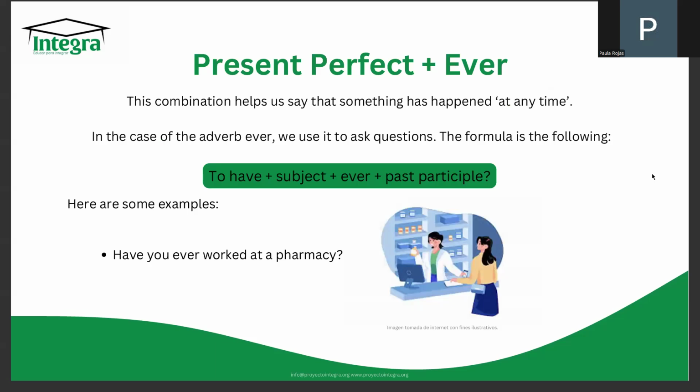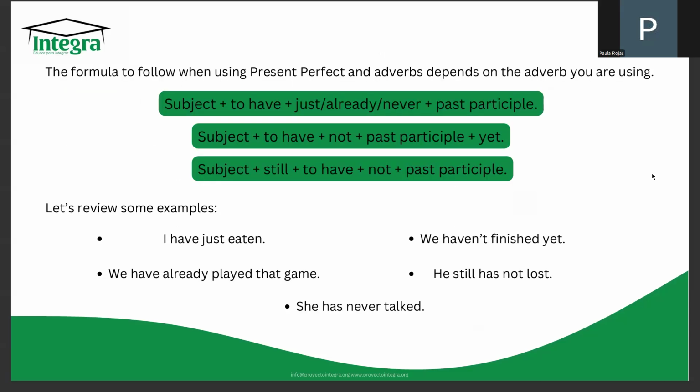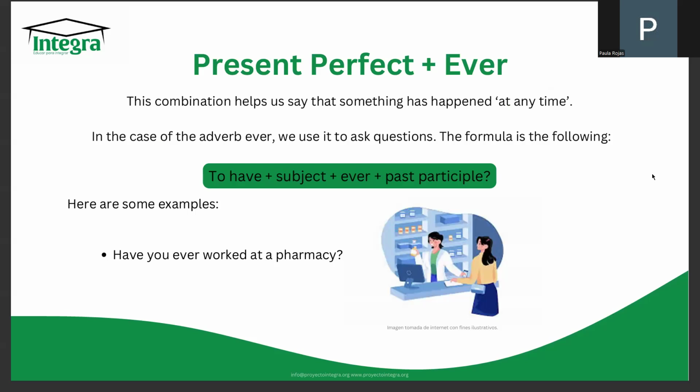Okay, now there's one more adverb that I mentioned here, if you can see, that is not in this. So we're gonna see this a little bit more than the other ones. We have this combination, and this helps us to say that something has happened at any time. What do I mean with this? I'm gonna show you with examples in a second, but let's see the formula first.